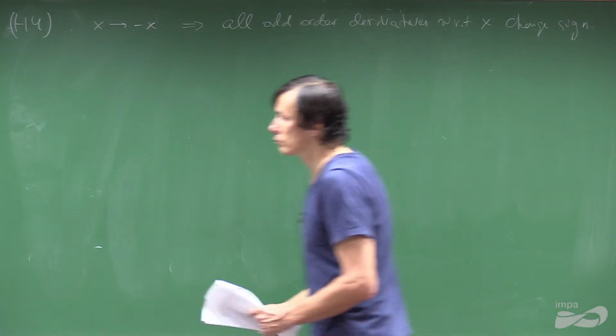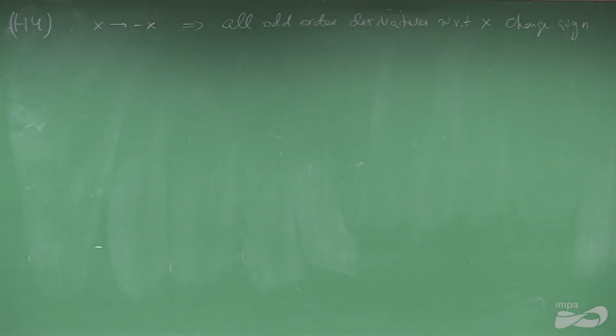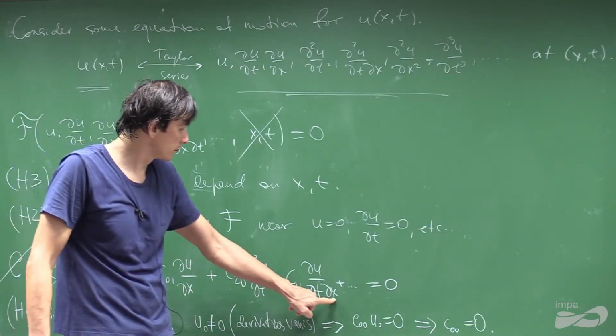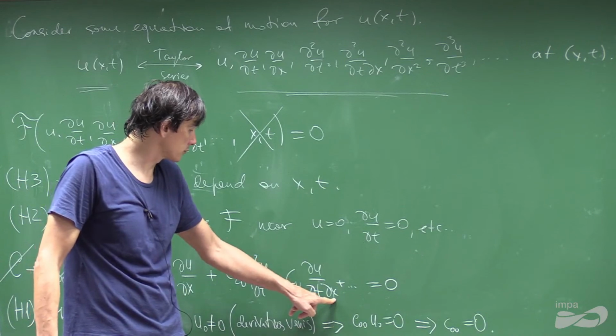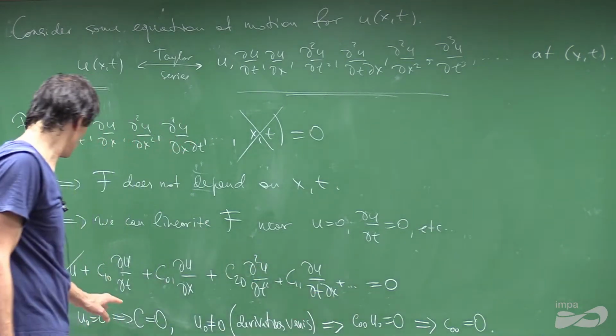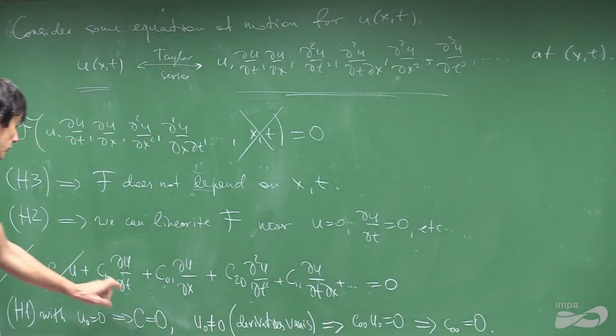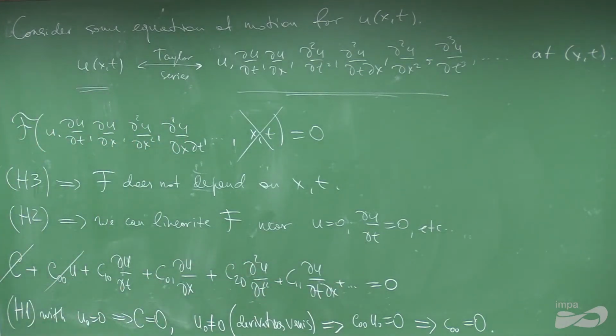So if you change x to minus x, the derivative du/dx will change sign, and the derivative with respect to x to the third power will change sign. Only the second order derivative will not change sign. So only even order derivatives will stay, and odd order will change sign.